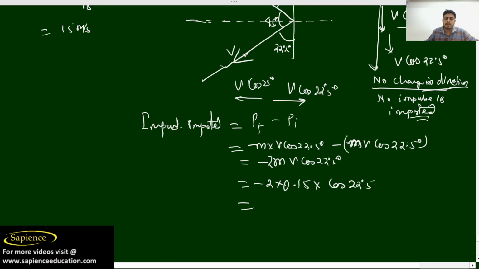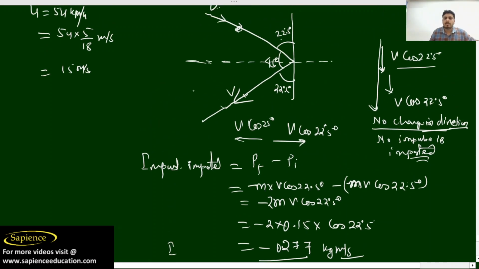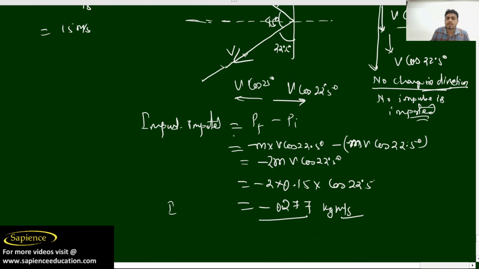Finally you will get minus 4.15 kg meter per second. This is the impulse imparted. Okay, thank you. I hope you have understood all this. Thank you everyone. If you have any type of confusion you may ask directly. Thank you everyone.